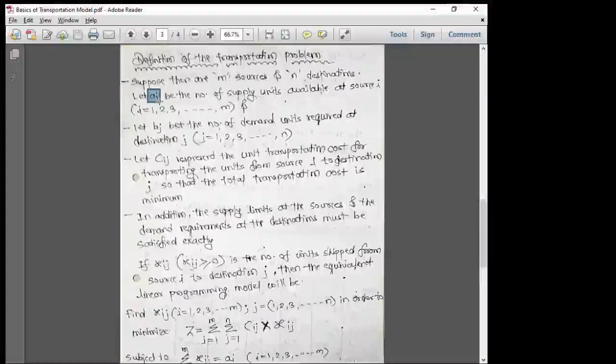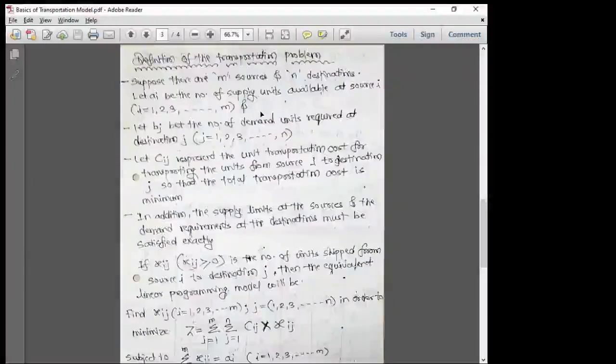Say there are three factories, one located in Pune, another in Pimpri Chinchwad, and another in Mumbai. The Pune factory has 20 units, the Pimpri Chinchwad (PCMC) factory has 40 units, and the Mumbai factory has 50 units. So the value of ai, the number of supply units available at Pune, Pimpri Chinchwad, and Mumbai, is known to us, right?